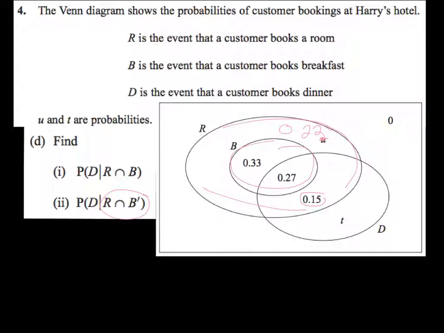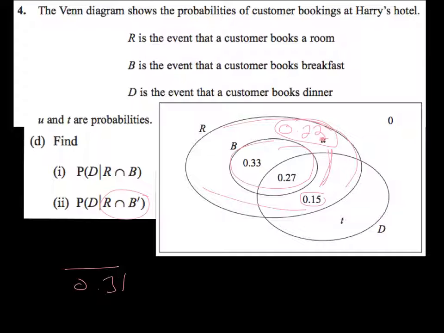So they are within the room set, but outside the breakfast set. But you can see there's actually another set over here, when we've worked out earlier in the question the value of U. So the total size of the group in terms of probability who have a room but don't have breakfast is going to be these two combined. So this is going to be our denominator, which is going to be 0.37.